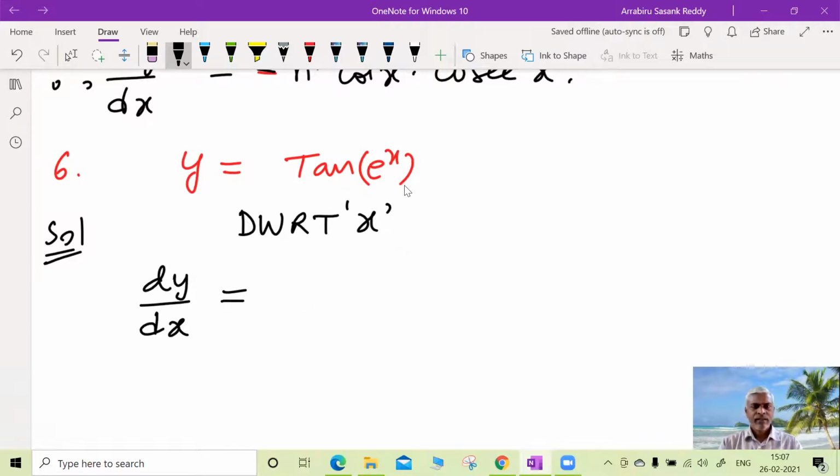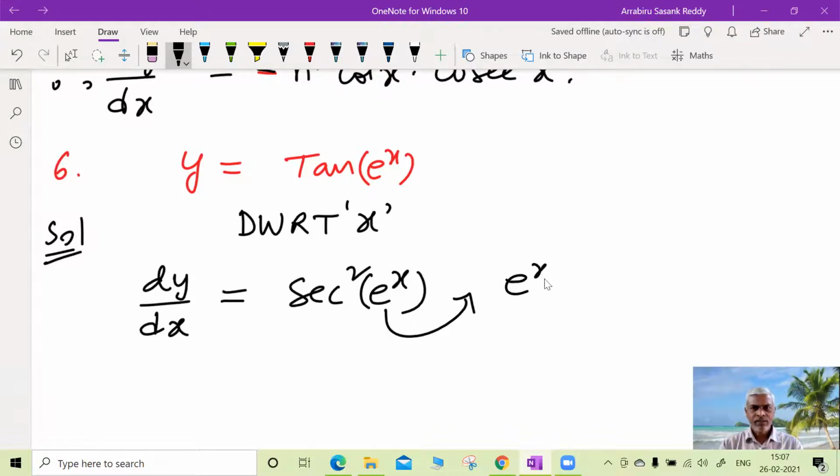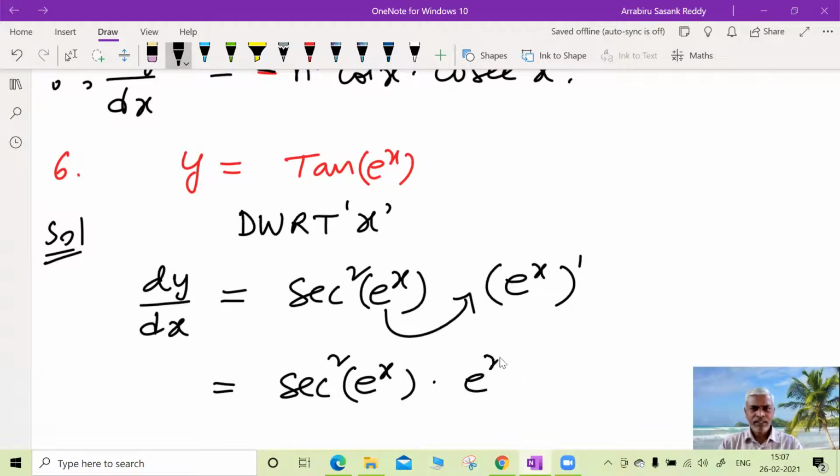So tan x differentiation is sec square x. Again, differentiation of e power x. Sec square e power x, and e power x differentiation is e power x. So in this way you can find the derivatives of simple functions.